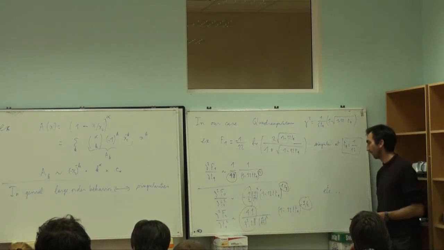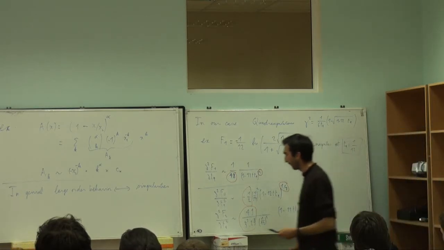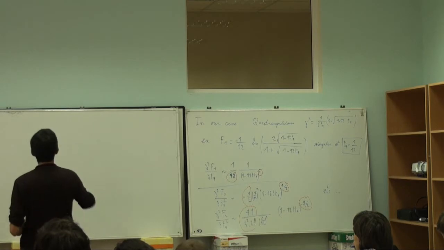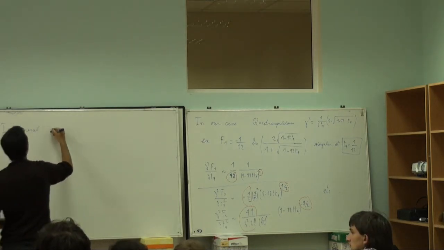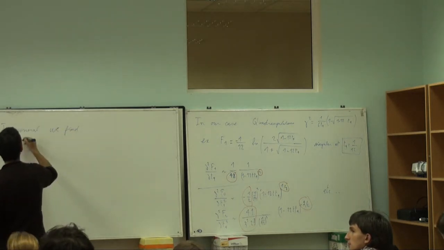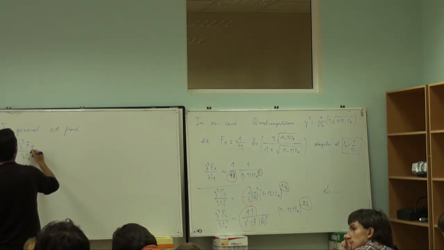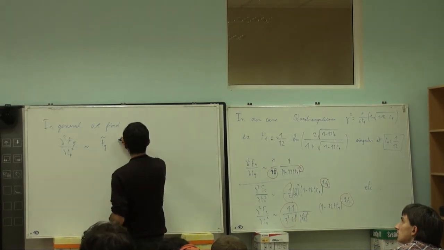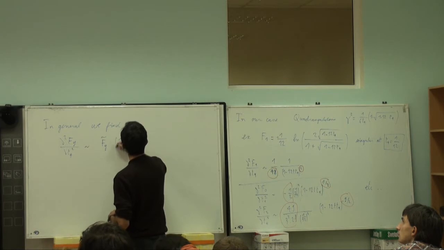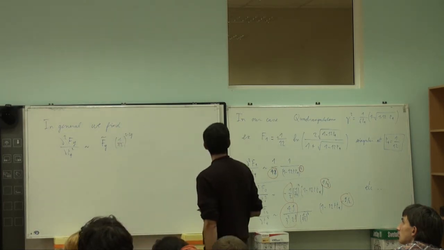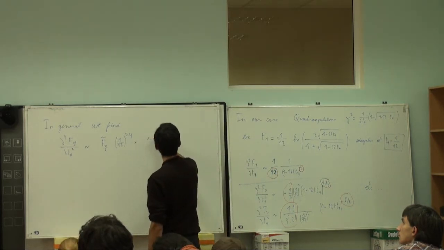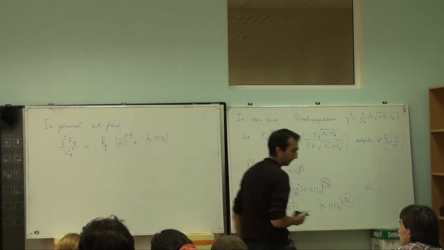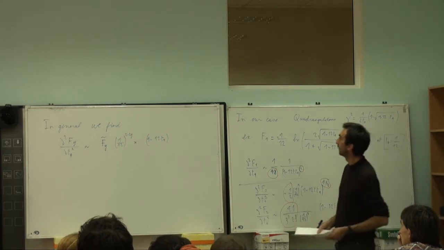And in general, we find that d2fg over dt4 to the square will behave like a certain coefficient, let me call that f tilde g, times 1 over 12, which is the critical value, to the power 2 minus 2g, times 1 minus 12t4 to the power... no, sorry.